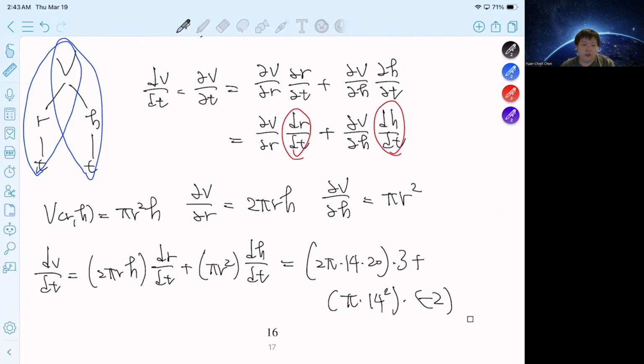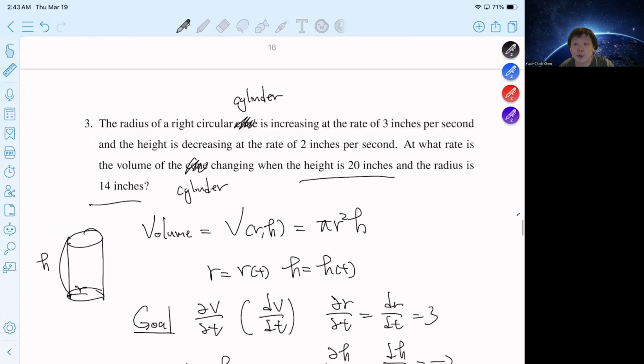I'll leave it here. It's just calculation, I'll leave that to you. And that's it. So this is some actual application problem. That's all for the example.